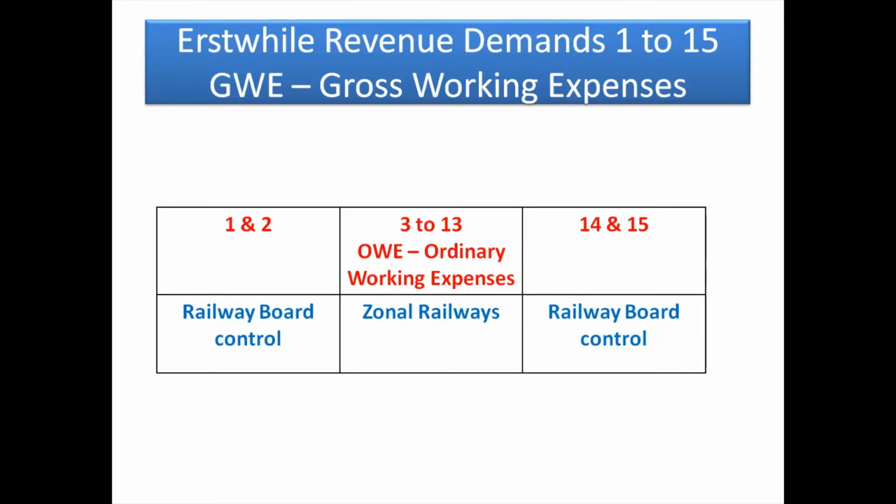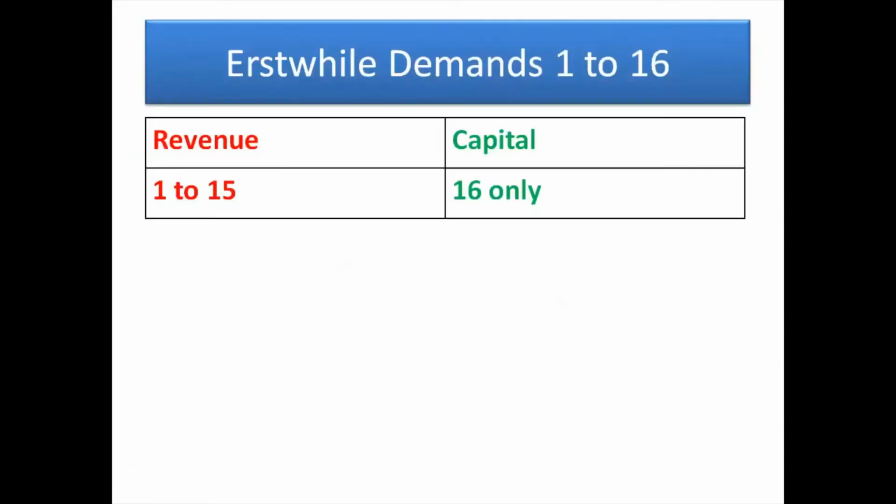It is called revenue expenditure. Capital expenditure means, suppose you purchase a computer, an air conditioner, a two-wheeler, or a flat, these are all one-time expenditure. It is called capital expenditure.